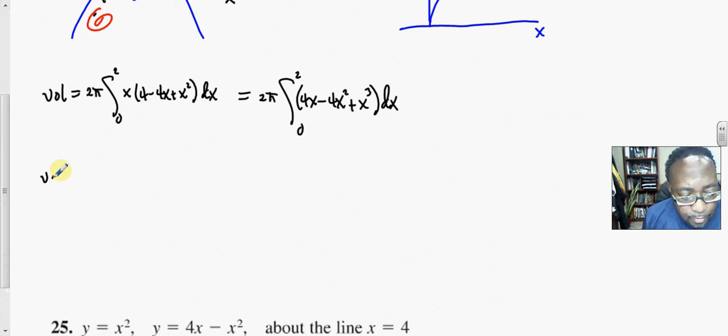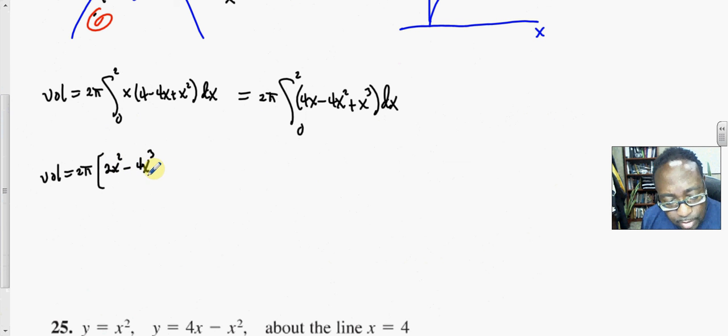So here the volume is 2 pi. We integrate now. So we get 4x squared divided by 2, so that's 2x squared, minus 4x to the third all over 3, plus x to the fourth all over 4. Let's evaluate it from 0 to 2. So we plug in x to be 2.